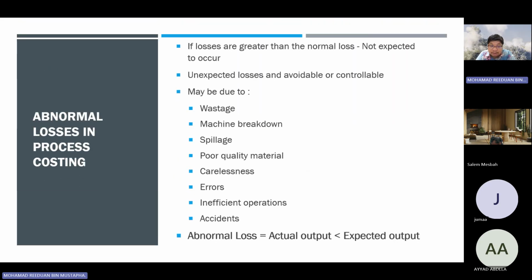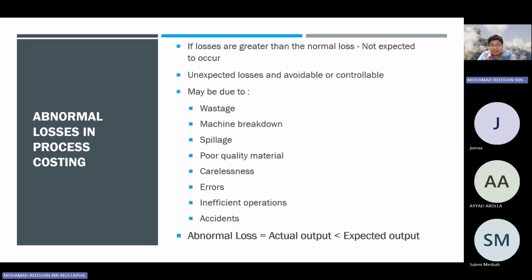So what are abnormal losses in process costing? This is very important in process costing, like in chemical and petrochemical companies, because you don't want this. It's unexpected, maybe because of leaking and so forth. If losses are greater than the normal loss you already expected in the industry, for example you might lose about 100,000 but suddenly you lose about 200,000, it's greater than your normal loss and not expected to occur.